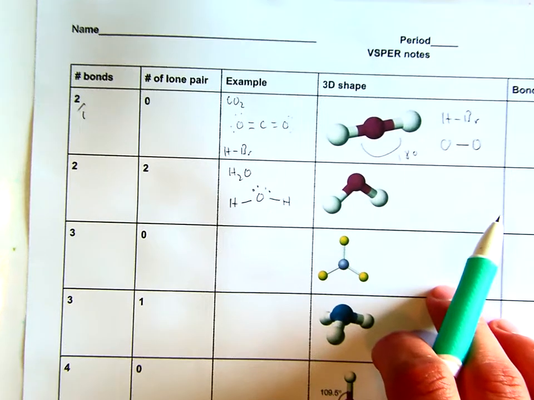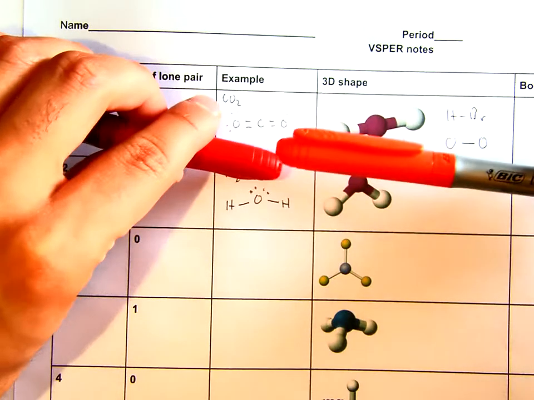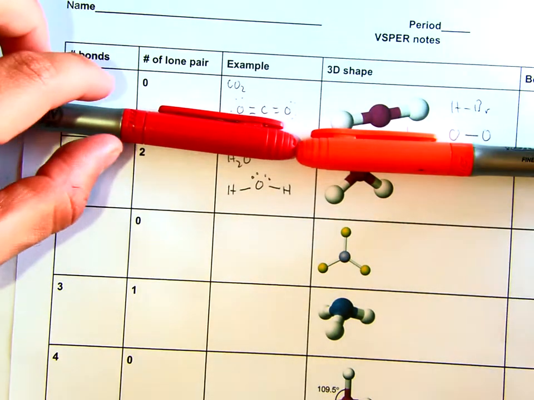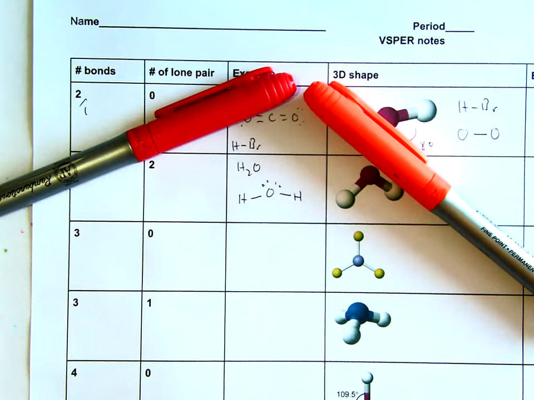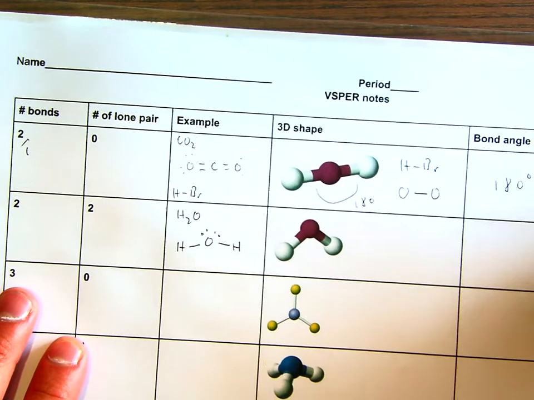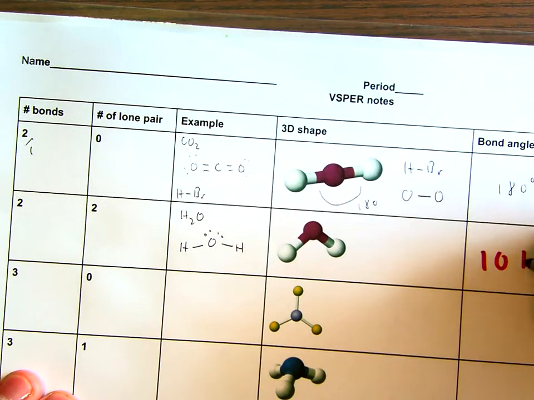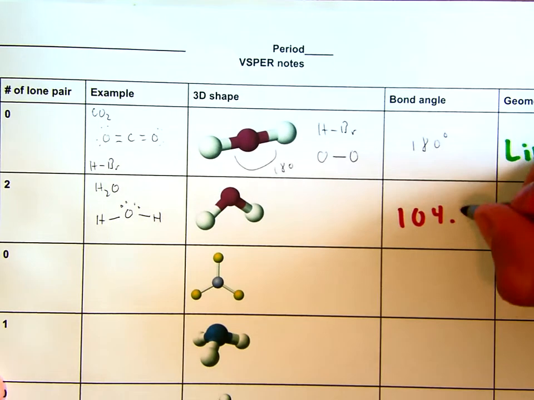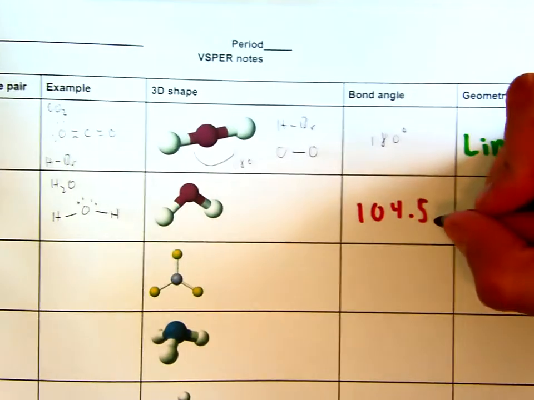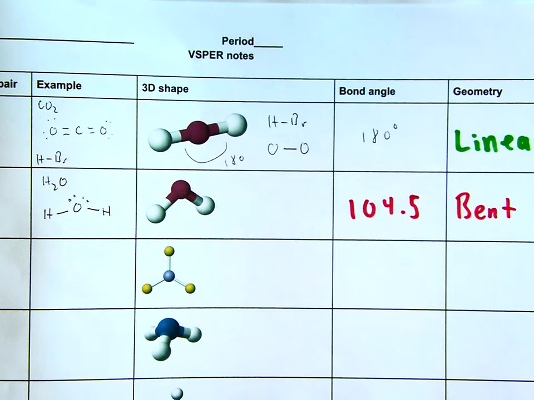Rather than the compound being straight, those lone pairs on top push the electrons down, and it ends up being what we call a bent structure. So this is called bent, and it has a bond angle of 104.5.